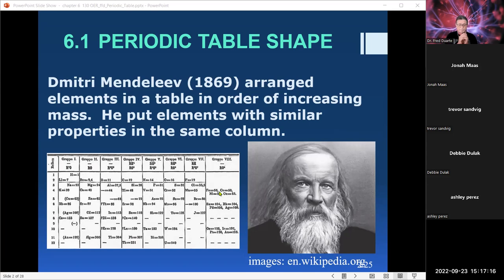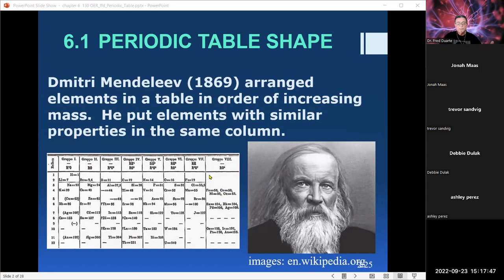Based on his observation of the elements known at the time, he created this table, put them in order of increasing mass, and then within the same column, put those elements that exhibited similar properties. Unbeknownst to him, as we learned later on, that is because everybody in the same column shares the same number of valence electrons.